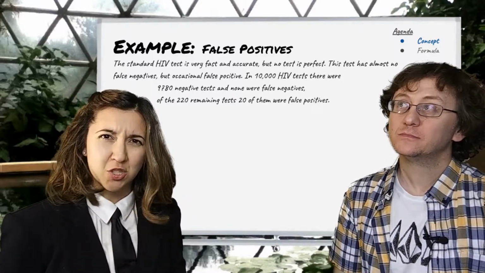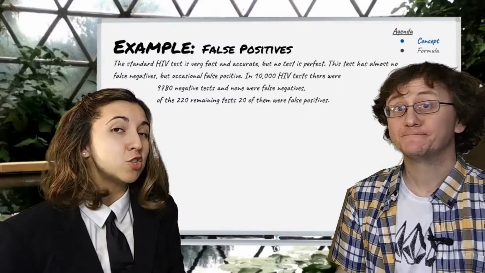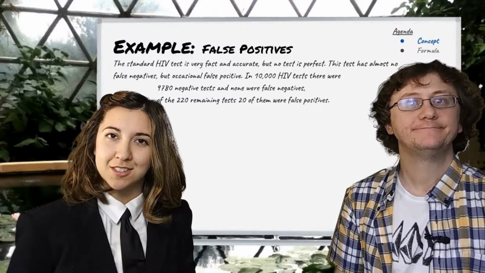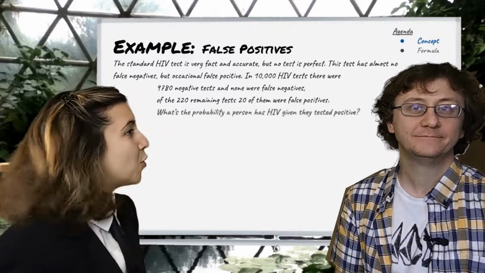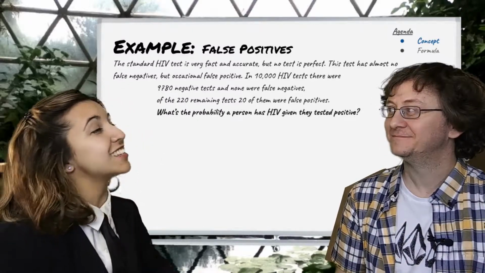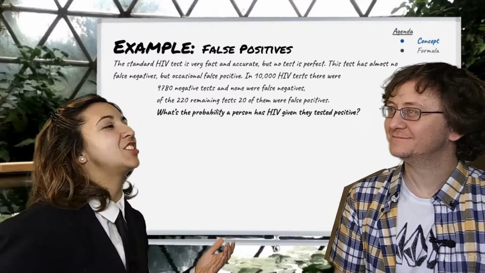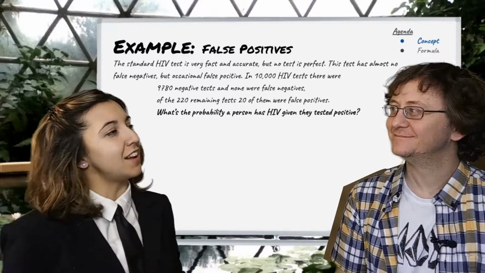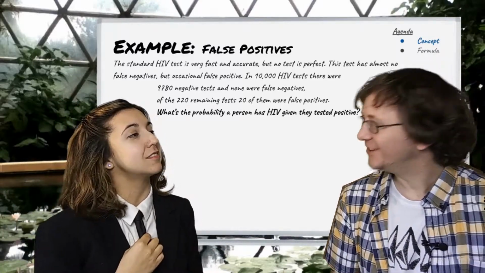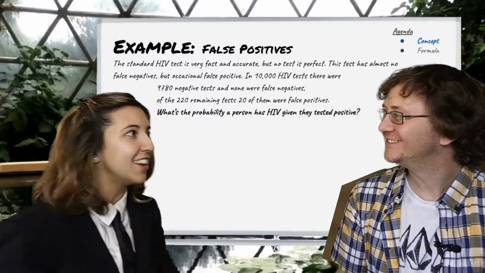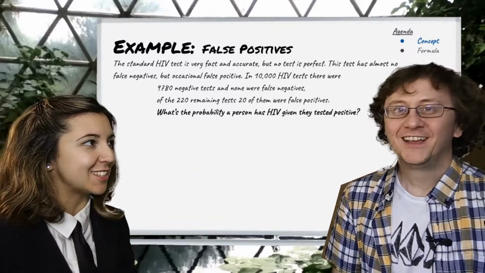Of the 220 remaining tests, 20 of them were false positives. Now, my question to you, Vincent, what's the probability that a person actually has HIV if we know they tested positive? Are you serious? Yeah, man, you've got everything you need to answer this.